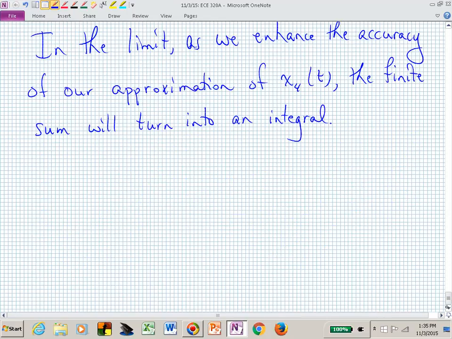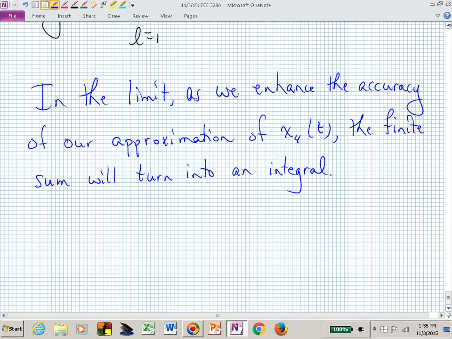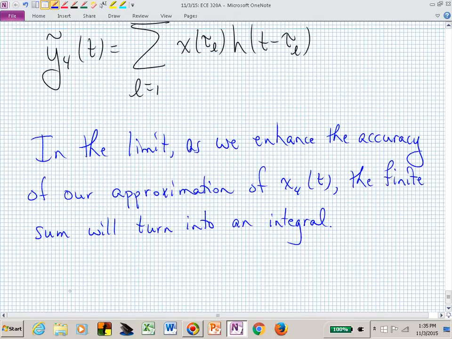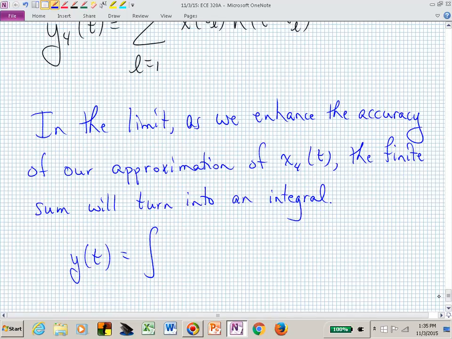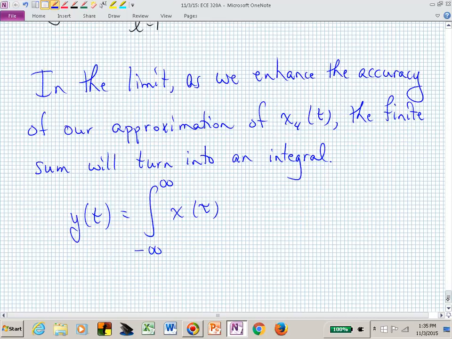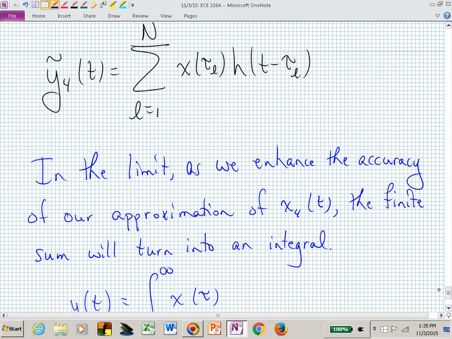So that now, if we look at this expression, y of t is now going to be, instead of a finite sum, an integral. And who knows when we're starting and who knows when we're finishing, so let's just say it's from minus infinity to infinity. We have x of tau, h. Do you see the corresponding t in h and y?